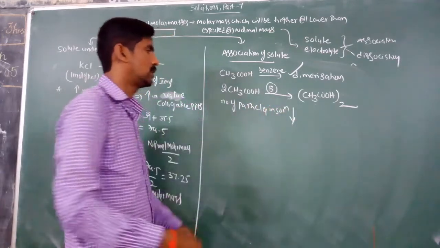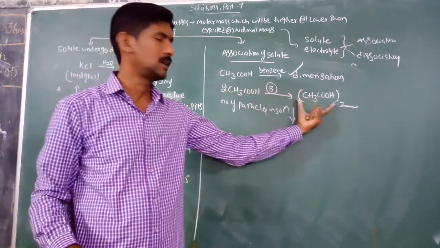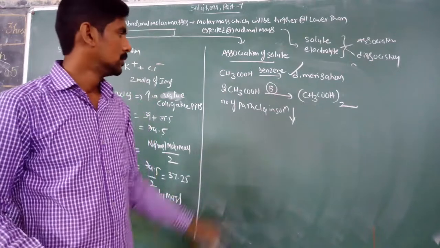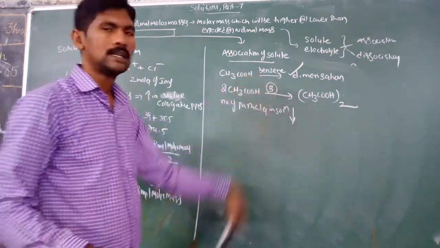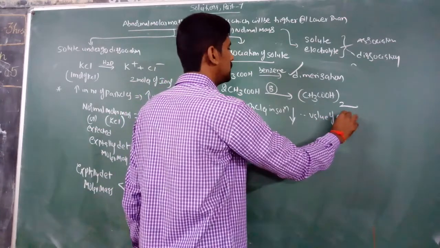Due to association, before there are two acetic acid molecules, and after dimerization there is only one dimer molecule. So the number of particles in solution decreases, and therefore the value of colligative properties also decreases.